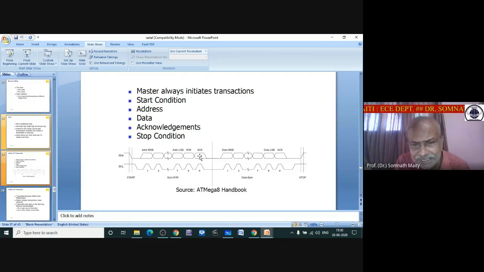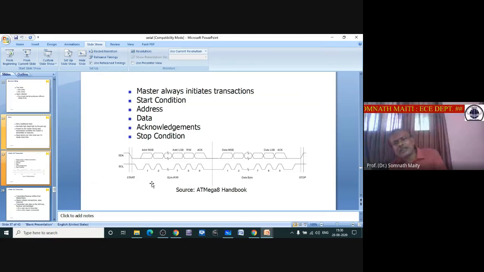The slave in turn will send acknowledgement: okay, I am ready. Then the master will transmit data MSB to data LSB. After it completes its data transfer, again acknowledgement will come from the slave. This is how data transfer is done.